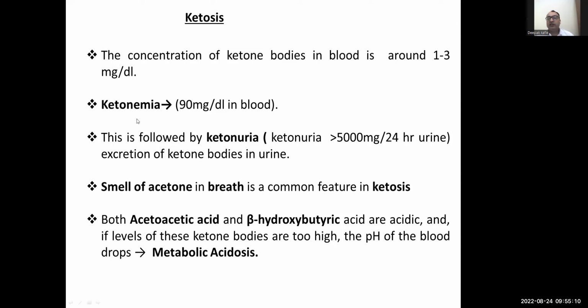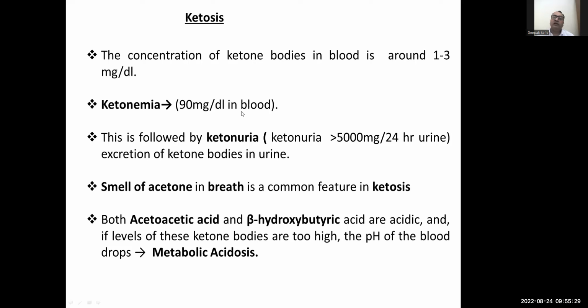And the ketonemia is especially due to overproduction of the ketone bodies and their underuse. The normal serum concentration of the ketone bodies is around 1 to 3 milligram per deciliter. But in case of diabetic ketoacidosis, that concentration can reach up to 90 milligram per deciliter in the blood.